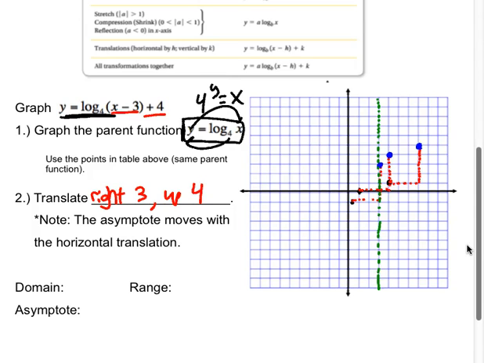So it's going to be sitting right here now. Don't forget to move that asymptote with the shifting of your graph if there's a horizontal translation. In this case, it is this that's shifting your asymptote. Now, once you have the asymptote drawn, I can finally finish off my graph.